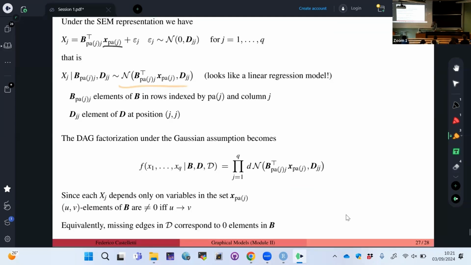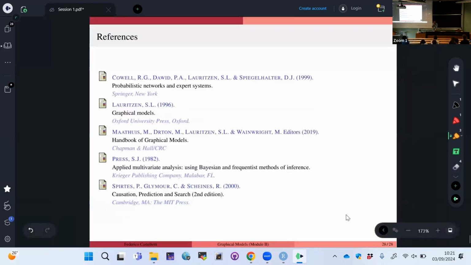Okay, so before looking at some R code in the last part of this lecture, let me just give you some references. If you're interested in some results on multivariate normal distributions, the book by Press is the right reference, which I mentioned at the very beginning of this lecture.